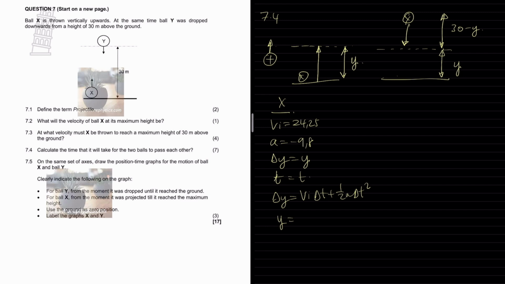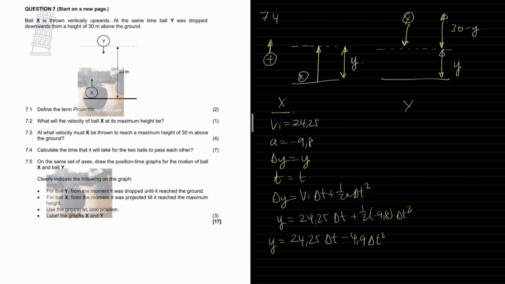So Y is equal to 24.25 delta T plus half into minus 9.8 delta T squared. We can simplify. So y is equal to 24.25 delta t minus 4.9 delta t squared.